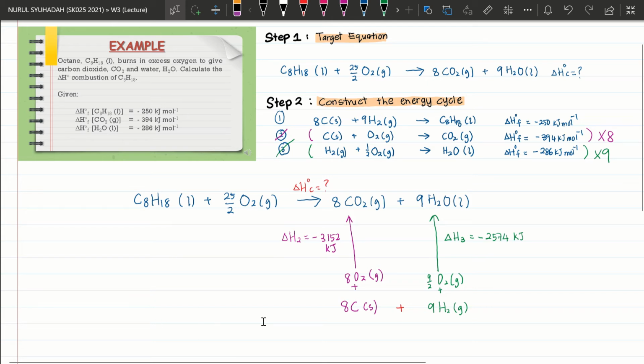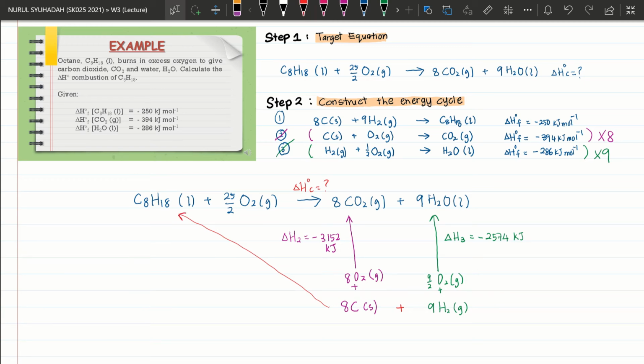For the arrow, you have 2 options. First, if you want to follow equation number 1 directly, meaning it will be from carbon plus H2 to produce C8H18, you can just draw your arrow like this.